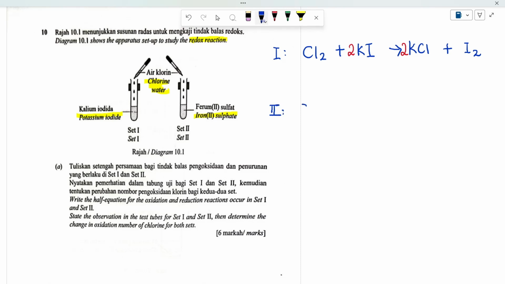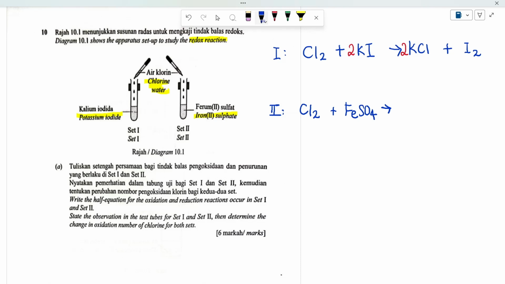Now set 2. Same chemical, chlorine, put into iron(II) sulfate solution. So what are the products? In this case, basically the question will not ask you to write the chemical equation for the reaction.